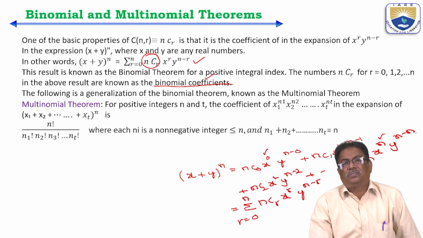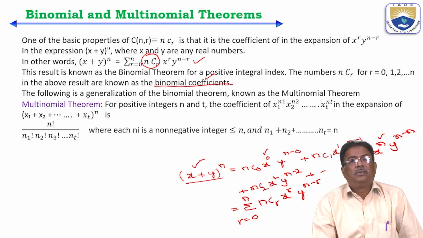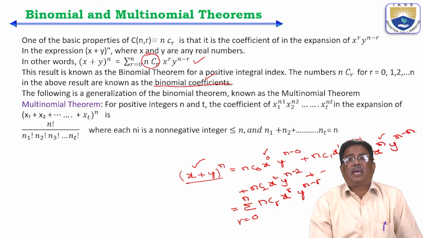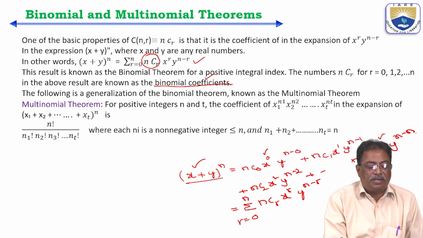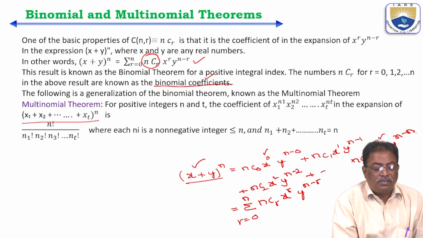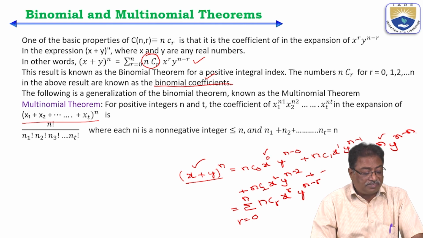Now, this expansion is only for a function of 2 variables. Suppose it has n variables, let us take x1, x2, x3 and so on, xn.